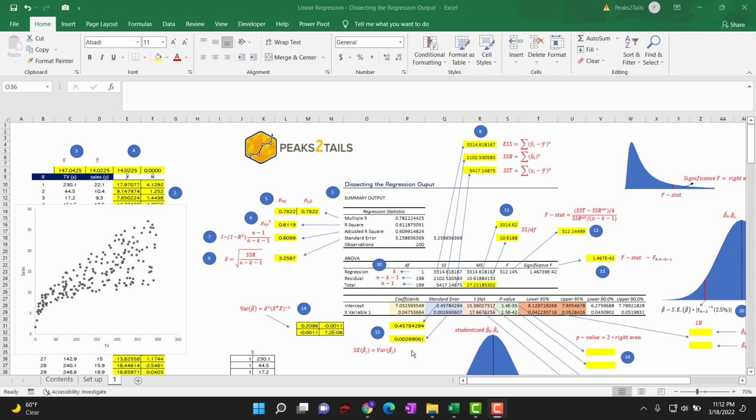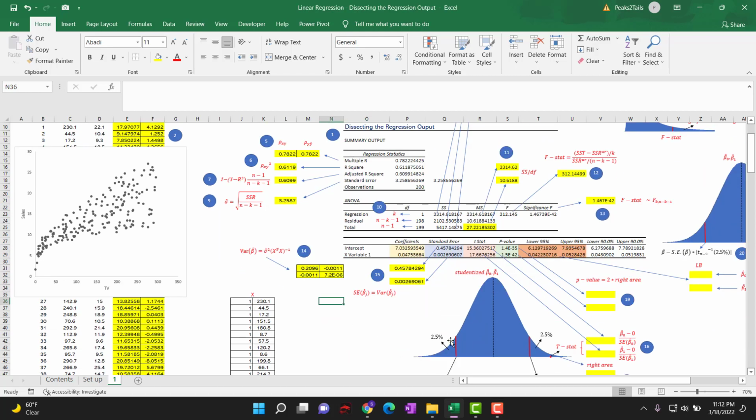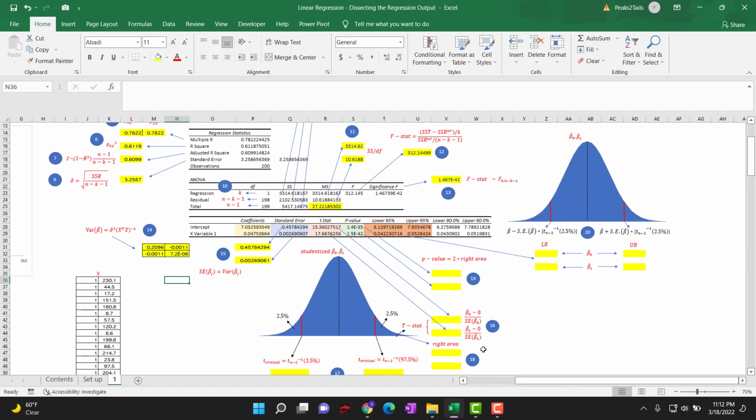After finding out the standard errors, we can talk about the hypothesis testing. Now recall that in hypothesis testing, we are trying to test if the coefficients are significantly different from 0. So the hypothesized mean for these two coefficients, the intercept and the slope coefficient, are 0.